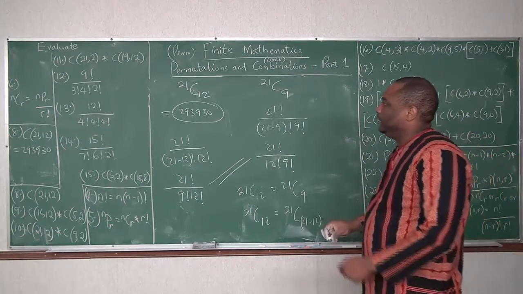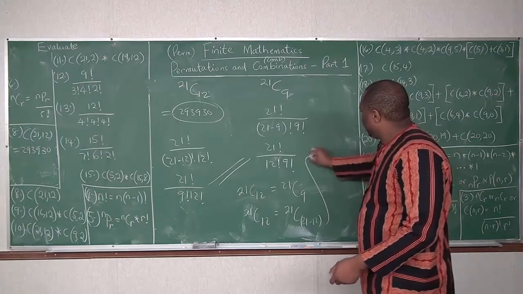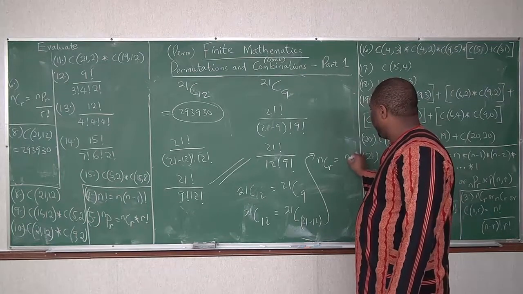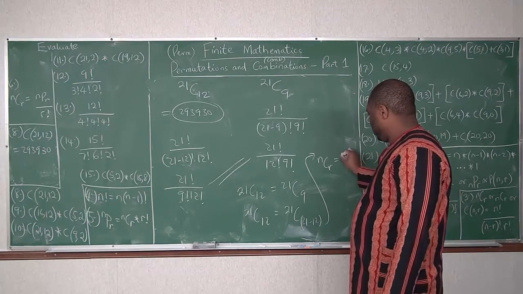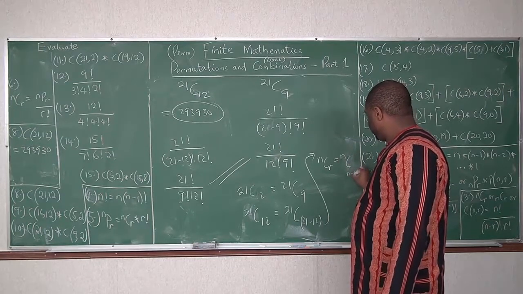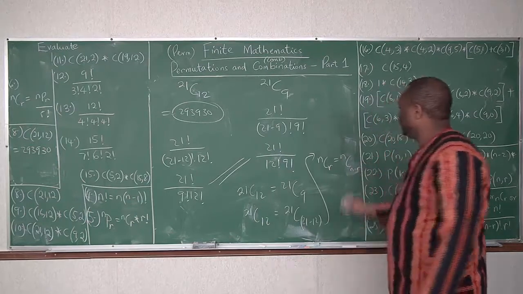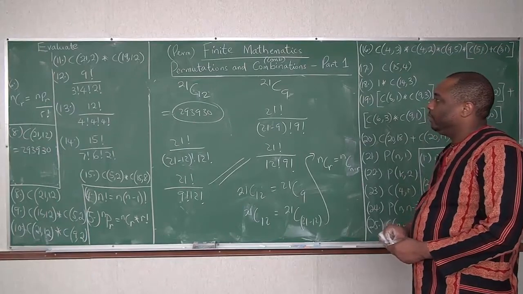So the next formula I'm going to give you is that this implies that nCr is equal to nC(n minus r). That's the next formula that I want you to take note of. Okay?